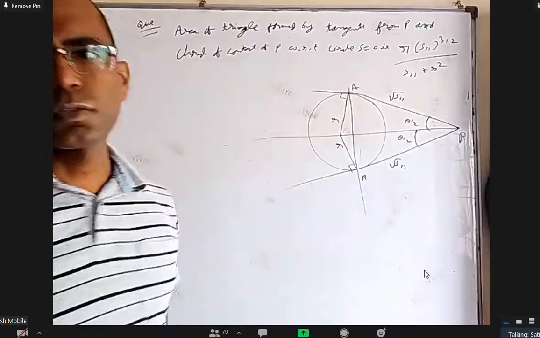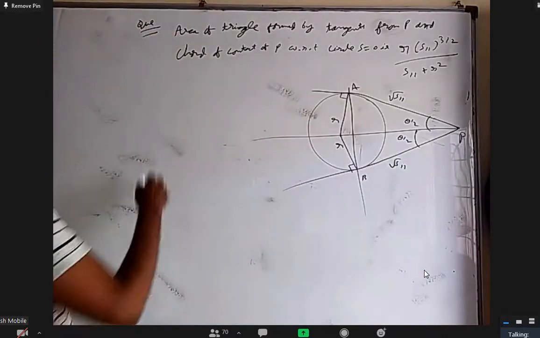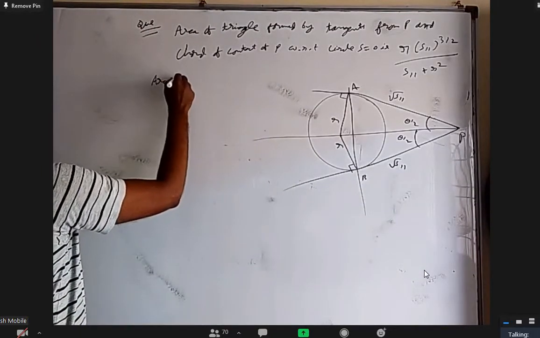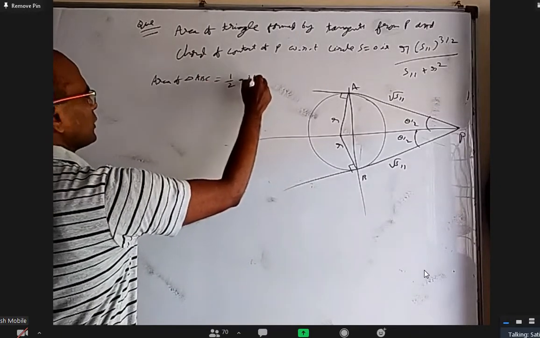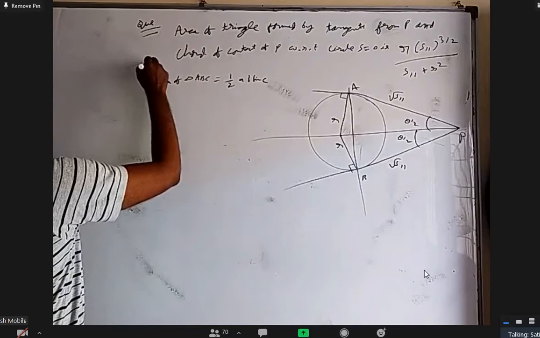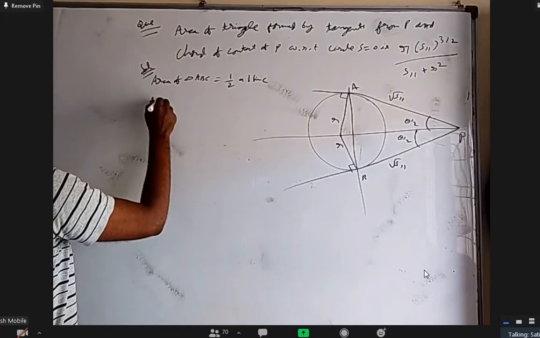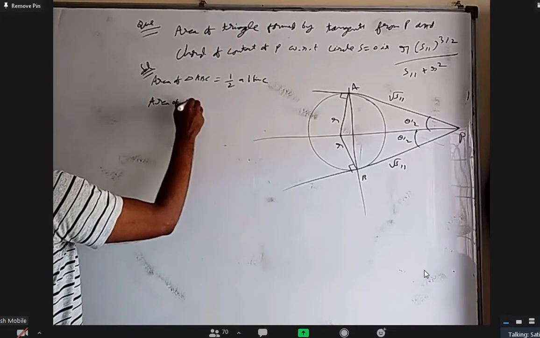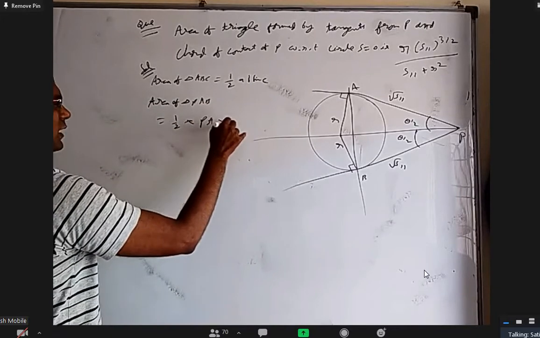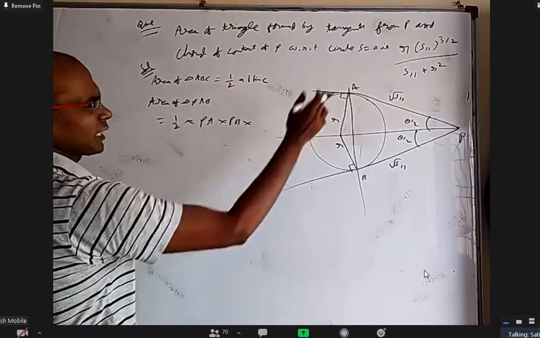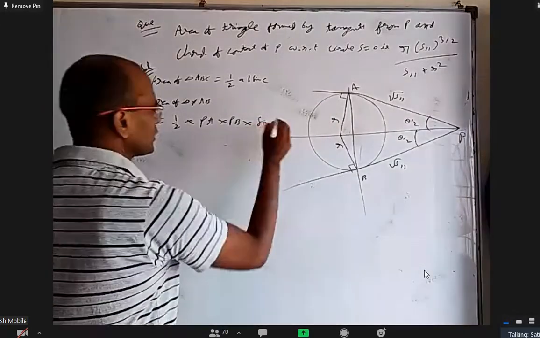Area of triangle, we can use half AB sin C. Area of triangle ABC is normally half AB sin C. So like that here, area of triangle PAB is half into product of two sides into sine of angle between them, which is sin theta.